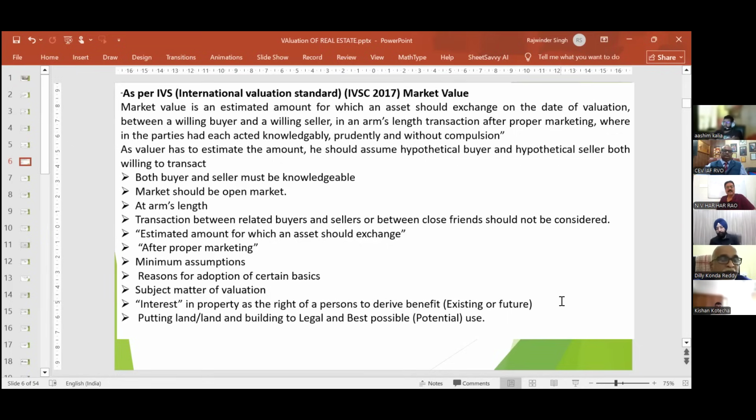So next is market value, which as a valuer you have to deal with most of the time.